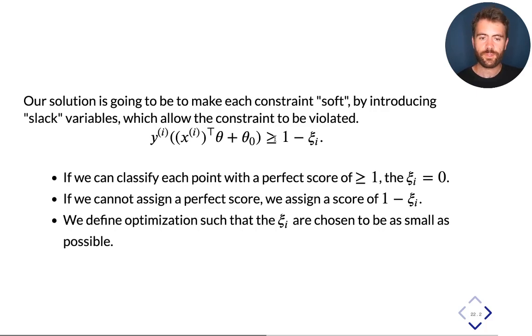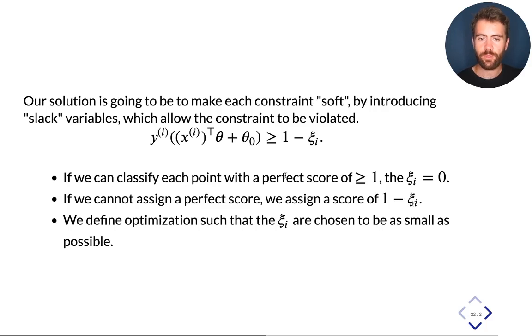If this point is classified correctly with a perfect score of 1 or -1, or above 1 or below -1, then we have a perfect classification and the xi variable can equal 0. But if we cannot assign a perfect score, then this xi can increase.